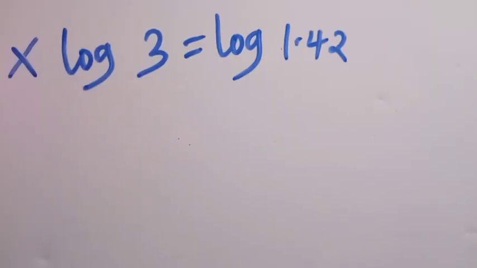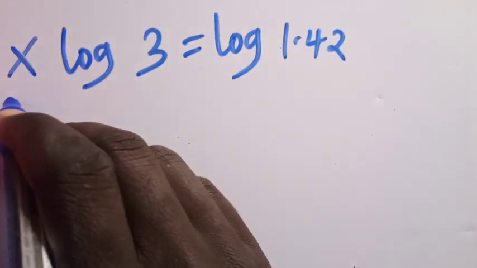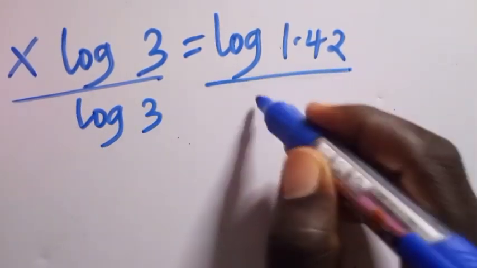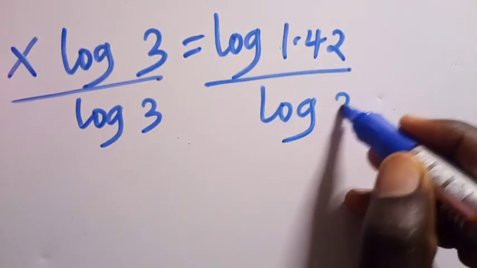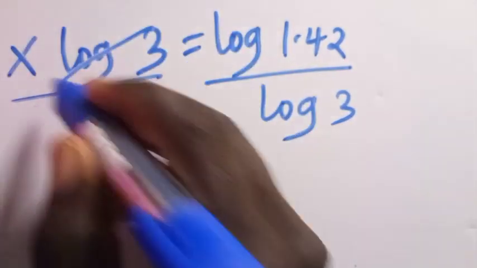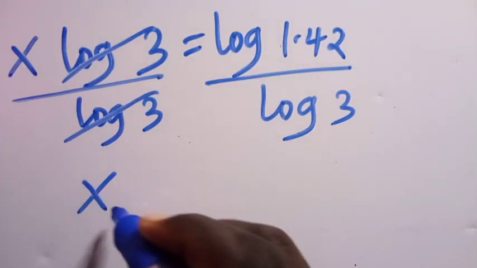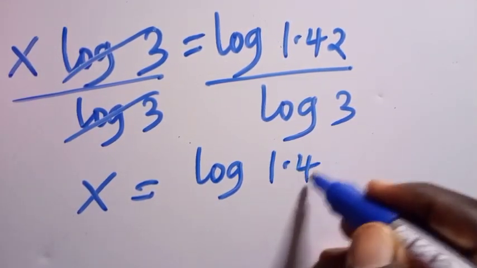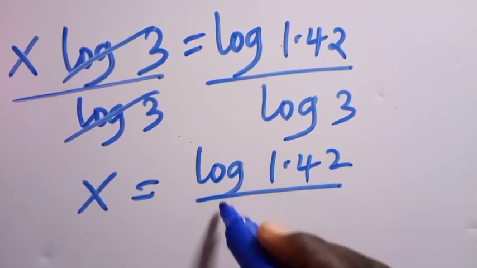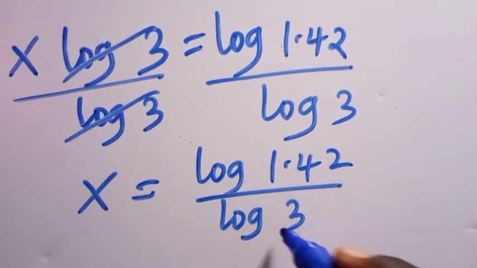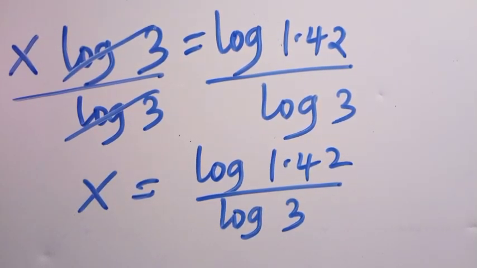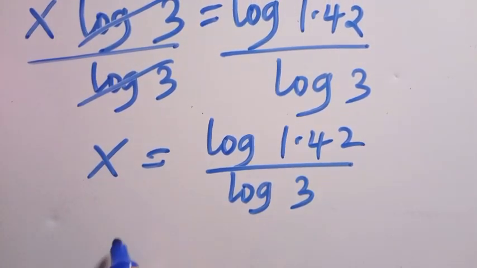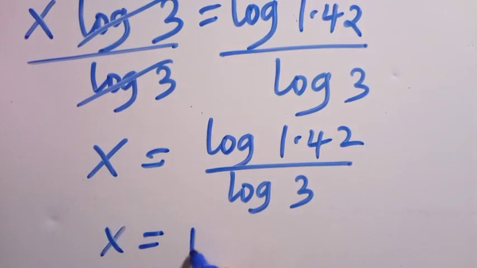Now, for us to get the value of x, we shall divide by the logarithm of 3 on both sides. Now, this one and this one simplify, and therefore, the value of x is the logarithm of 1.42 all over the logarithm of 3.